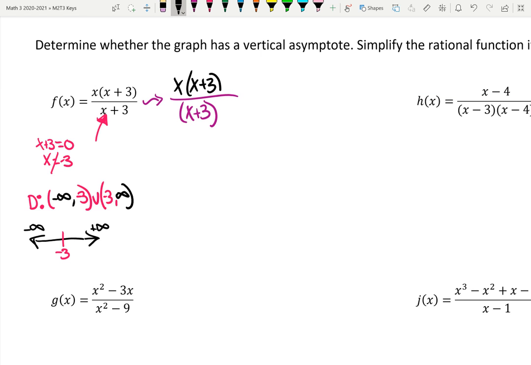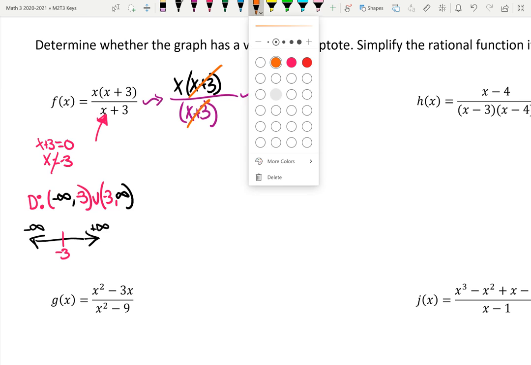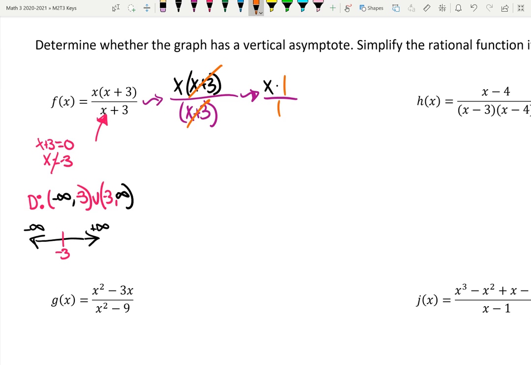And what I see is x plus 3 divided by x plus 3 is going to result in 1. So really, this turns into x times 1 over 1. Well, what is that just?